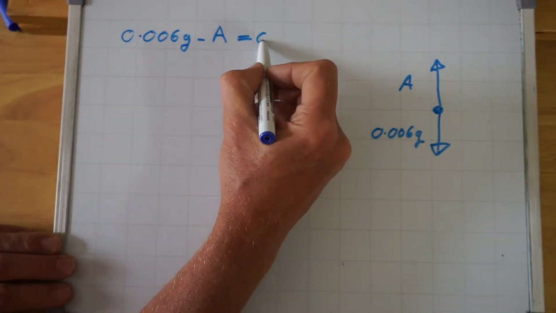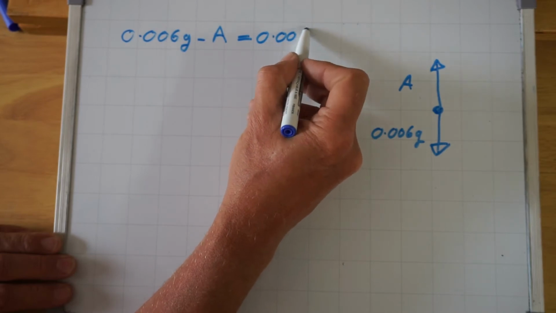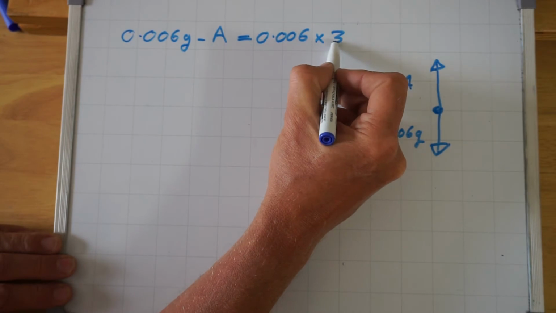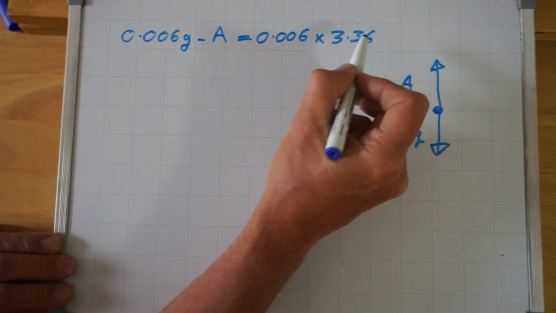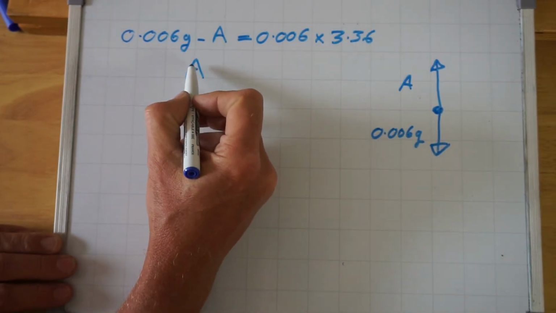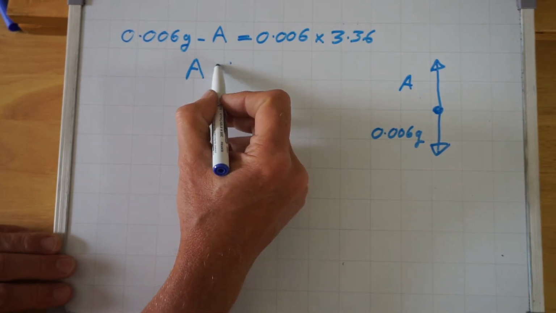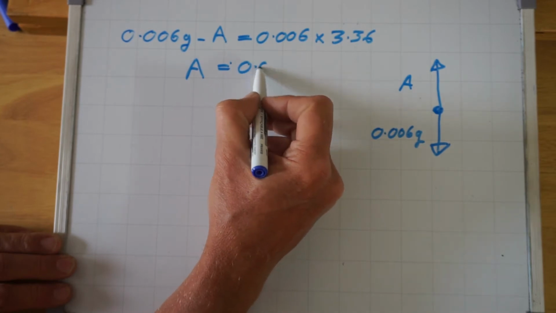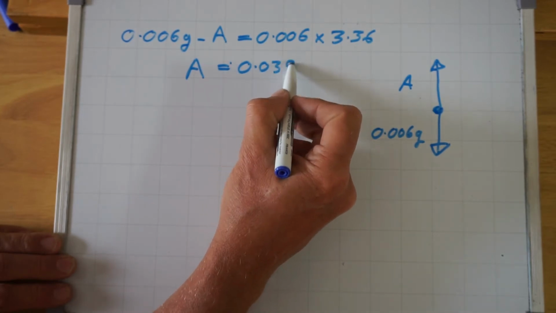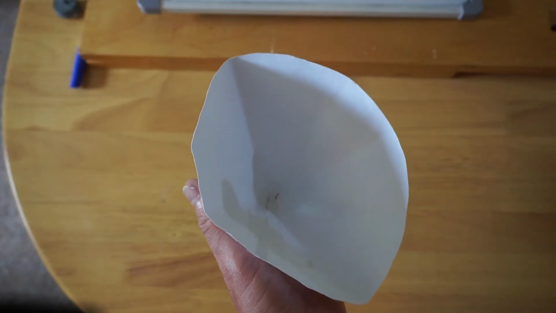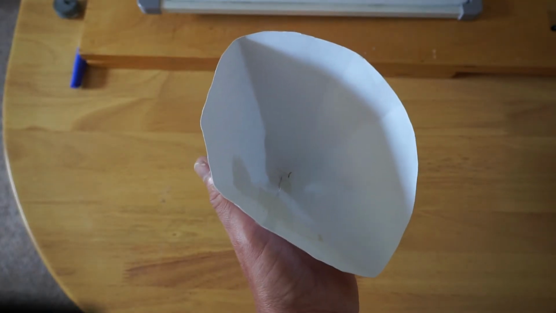The mass is 0.006 and the acceleration we have calculated as 3.36. Solving this equation gives a value for A of 0.039 newtons.